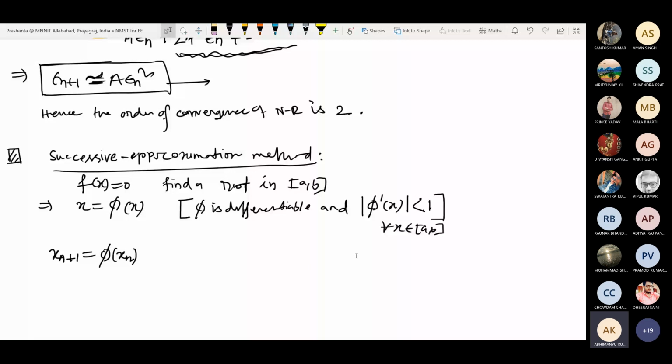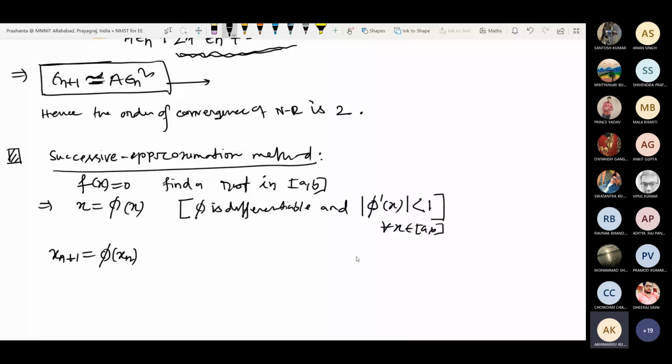Yes, sir. Okay. So in the successive approximation method, the equation is f of x equals 0, and suppose you want to find a root in the interval a comma b. So how do we apply this method? We write the equation f of x equals 0 as x equals phi of x. Now which phi?